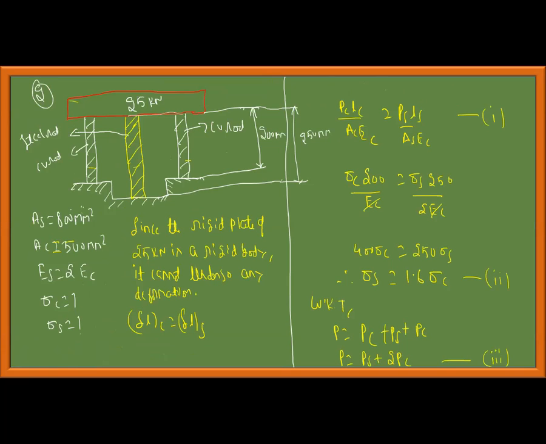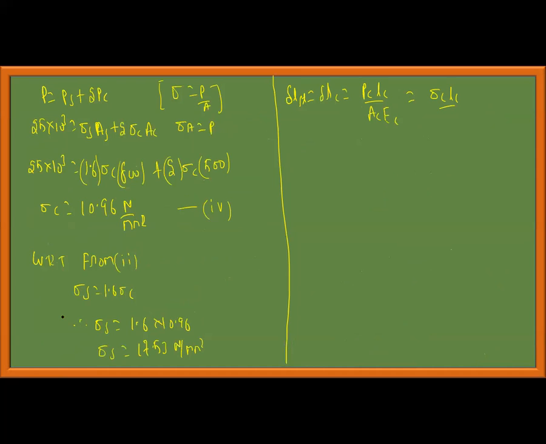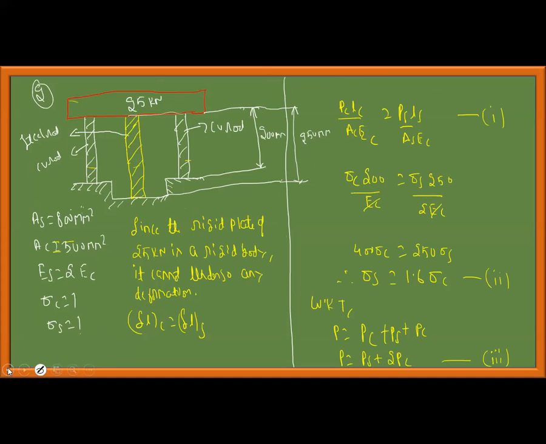What can you do? Okay, we know sigma, right? We'll try like this. We know sigma C. No, I require a Young's modulus of copper, that we have to calculate.